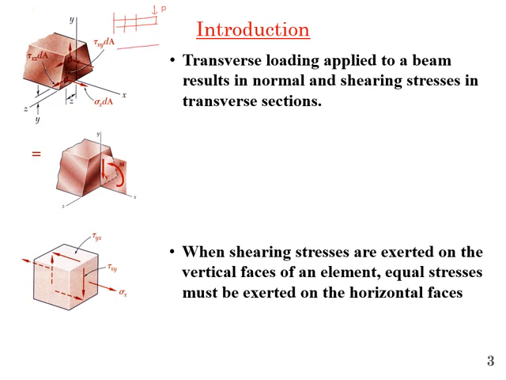Or if I take a simply supported beam with a concentrated load or maybe distributed load, and take any section, there will be a bending moment as well as an internal shear force. So the transverse load applied to a beam will result in normal and shearing stress in the transverse section, because we have a shear force that will cause shearing stress and we have bending moment.